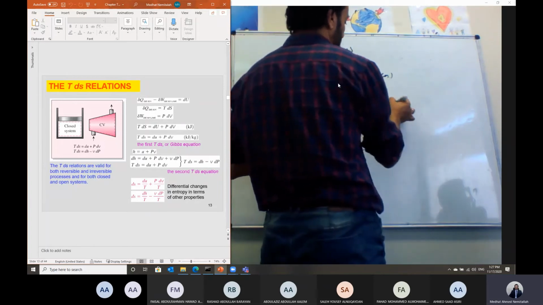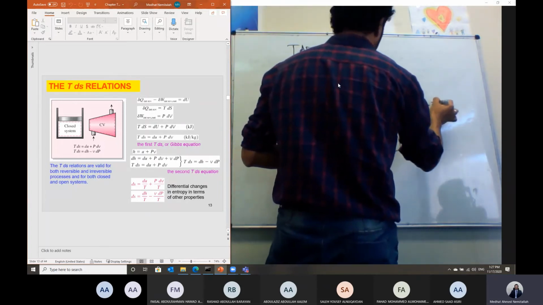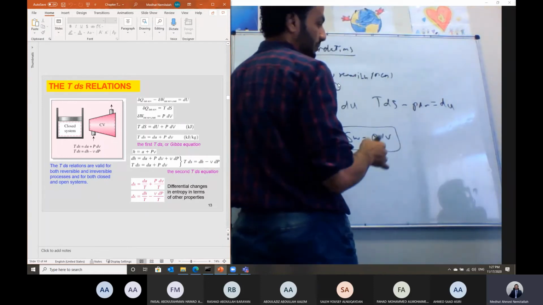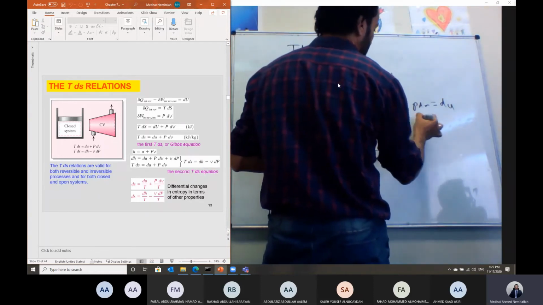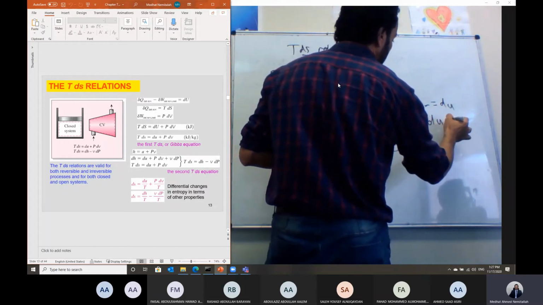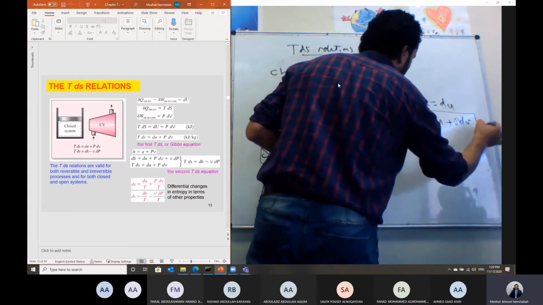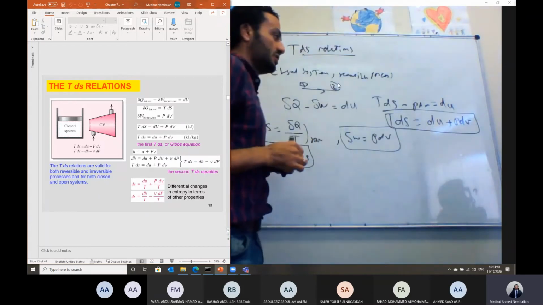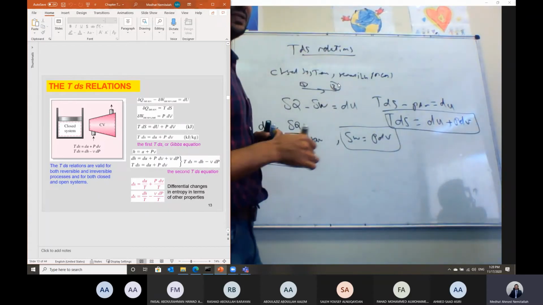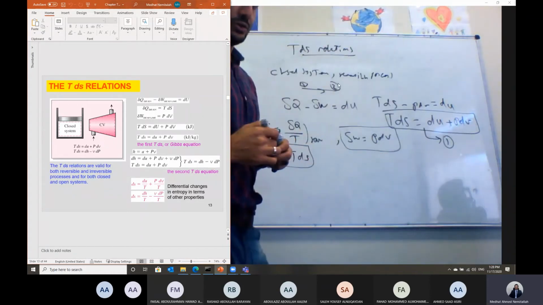So T dS minus P dV should equal dU. Or we can take this to the other side: T dS will equal dU plus pressure multiplied by dV, the change of specific volume. And this relation we call the first T dS relation.